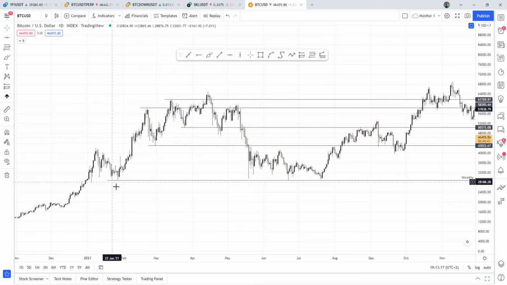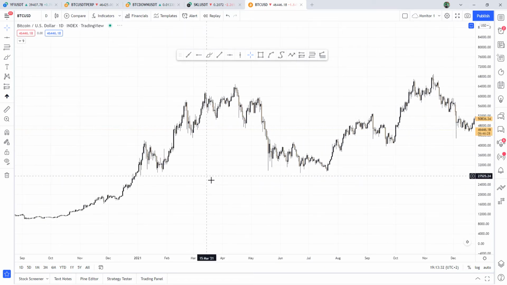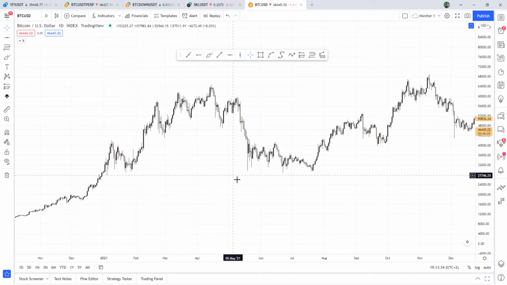You may see so many wicks and not know which one to mark. Until your eye is trained and you spot them in time, you can use something like this indicator.